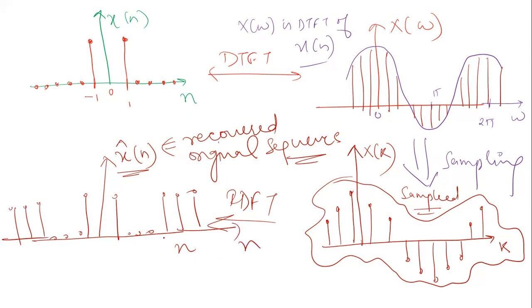This is N here, and this is minus N, so it becomes finite now. What we have done is take a discrete time sequence x[n] and obtain its DTFT. From the DTFT, we sample it to get the sampled signal, which is a discrete time signal, and by applying the inverse DFT on this, we will get the original x[n].